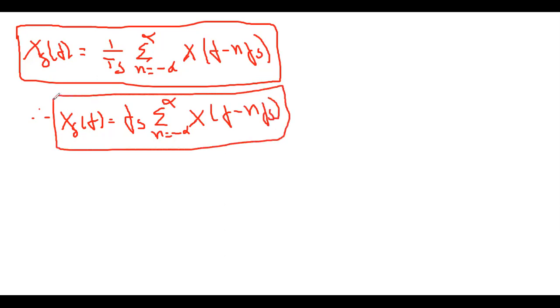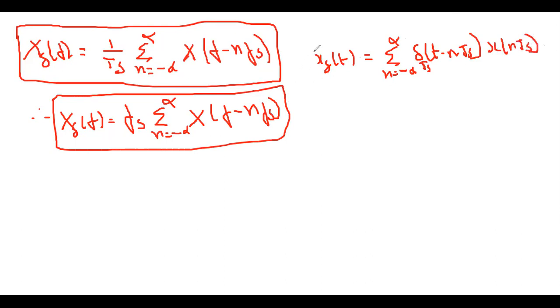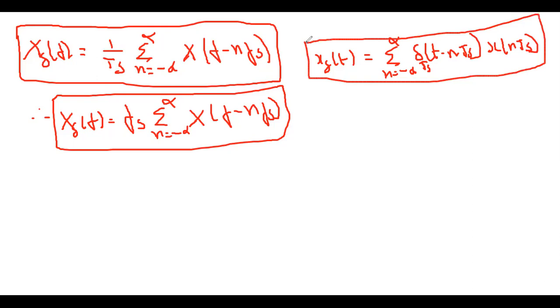After applying the Fourier transformation for the function X delta of t, which is equal to the sum of n from minus infinity to infinity of delta of t minus n ts times X of n ts, for this time domain function you can apply the Fourier transformation.